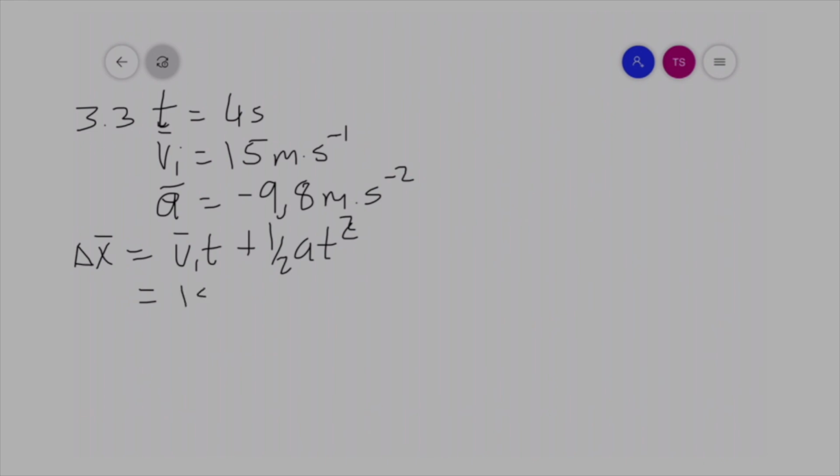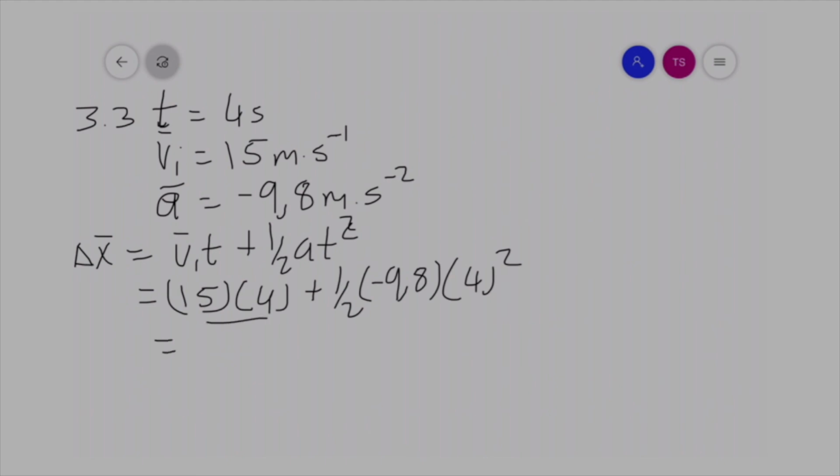My v initial is 15 times my time, which is 4, plus half times negative 9.8 times the time, which is 4 squared. Right?